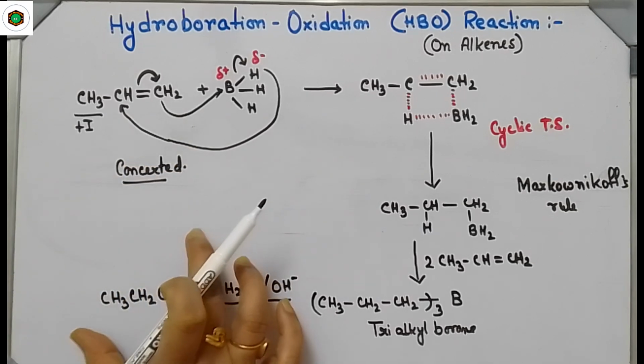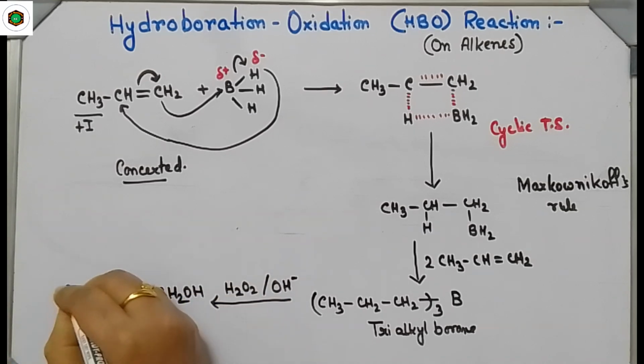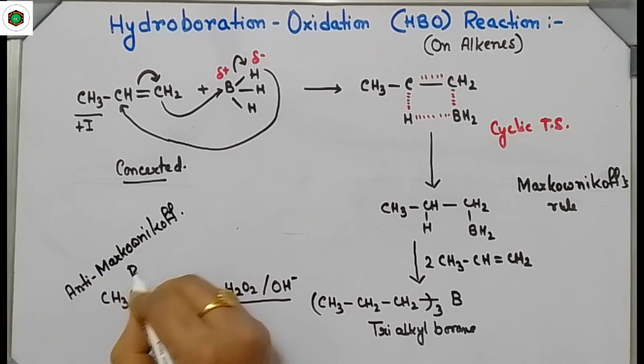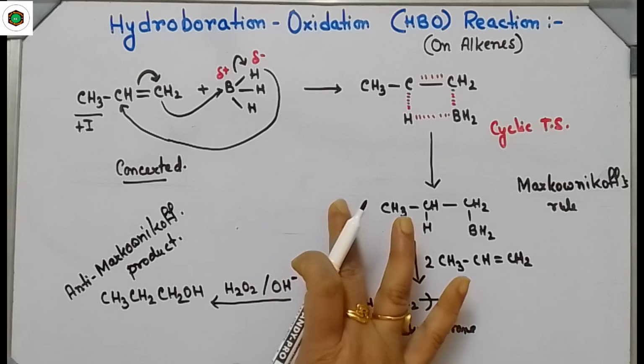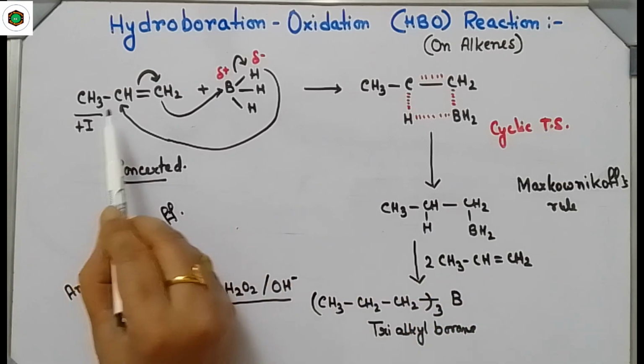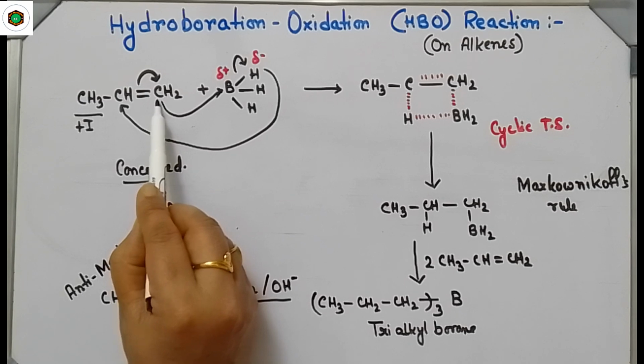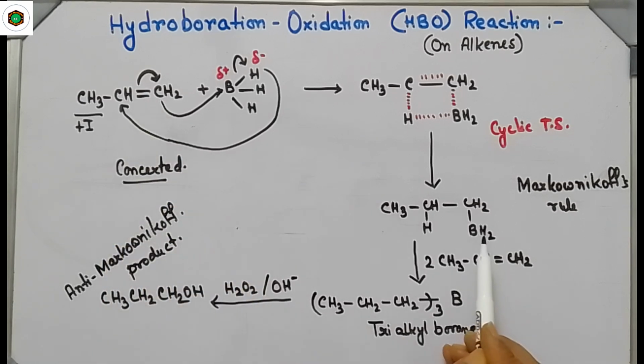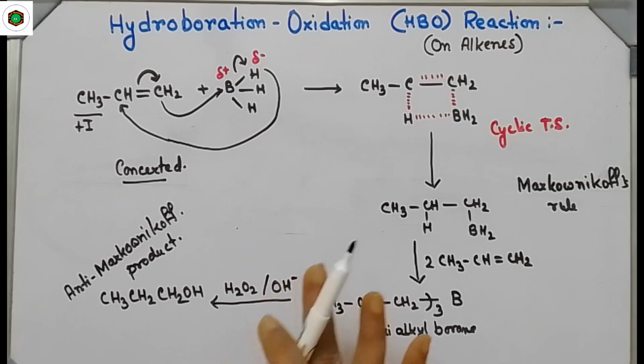So the final product looks like an anti-Markovnikov product. Another thing you can say here: boron will be attached to the carbon which has less steric crowding. So here this carbon has less steric crowding, so boron will be attached here. So we will get only the oxidation product, meaning OH will come here only. So that thing you have to remember.